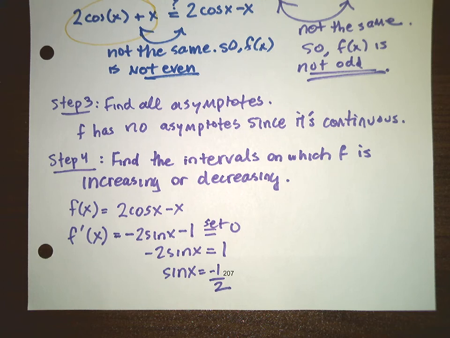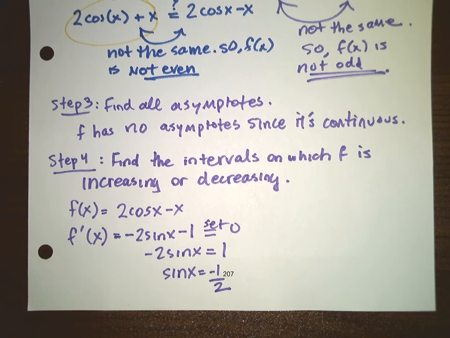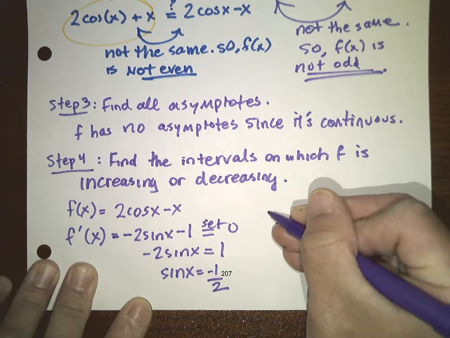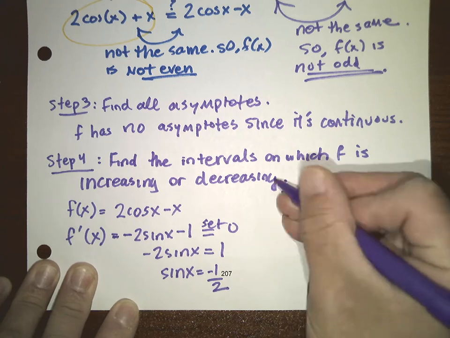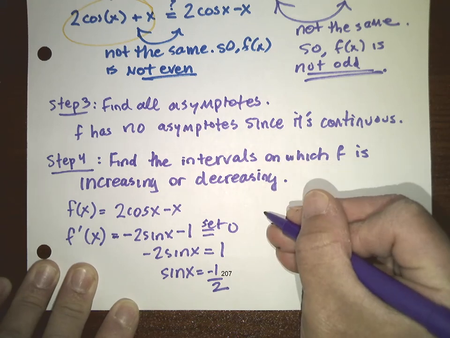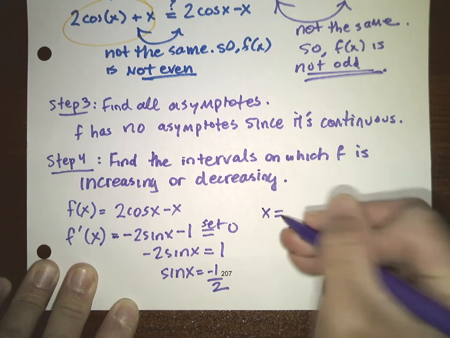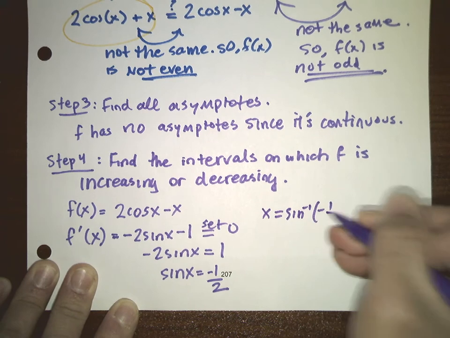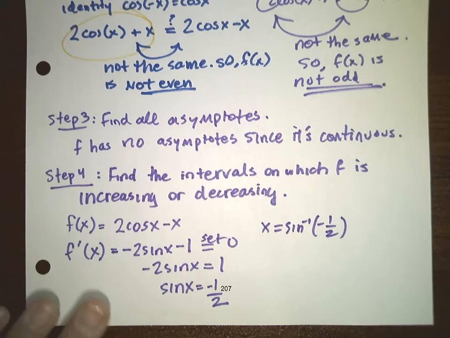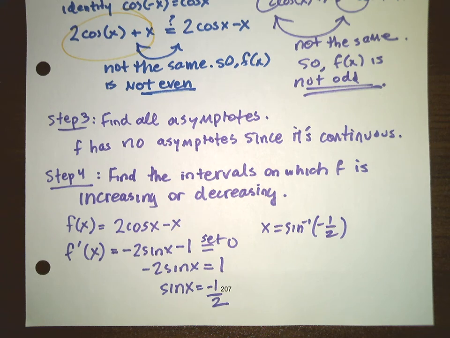It means that if I take the arc sine, or the sine inverse, on each side, so x is the sine inverse of negative a half, then those are the values that would give me the zeros of the derivative.